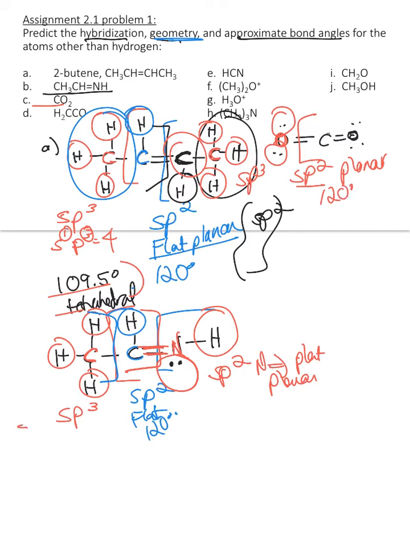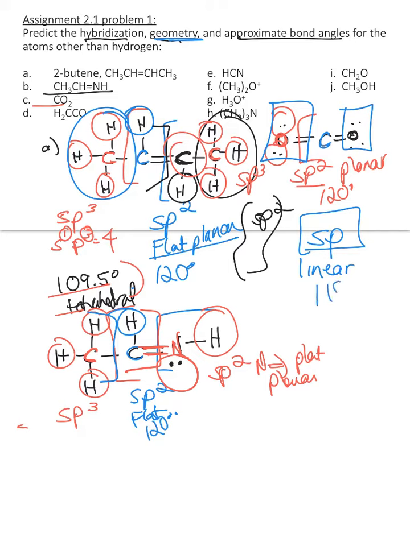The carbon has 1, 2. So it's sp. Okay, so if you add those superscripts together, that's just 2 things. That's sp for the carbon. And that's going to be linear. And linear is 180 degrees. So yes, it's 180. Because remember, full circle is 360.